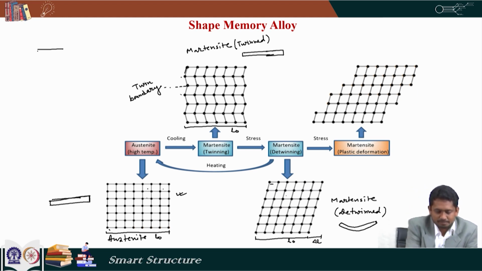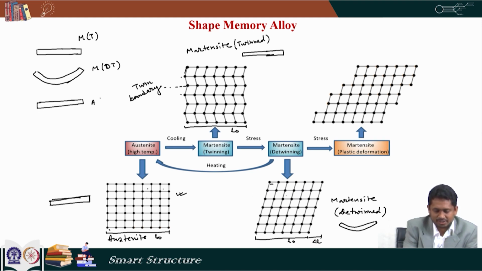So, we started with this kind of material, that was twinned martensite, and then we deformed it and that is detwinned martensite, and then we applied heat to it and it becomes austenite. As we know, macroscopically austenite and martensite look the same.